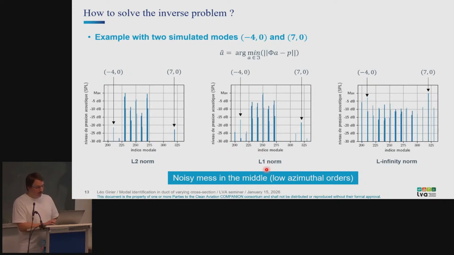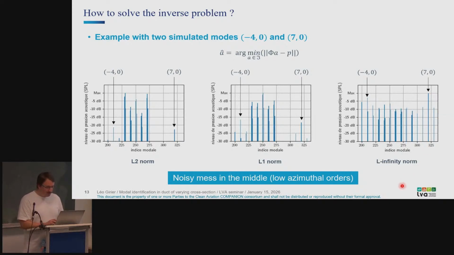Almost the same goes for the L1 norm using the absolute value. It is a little bit better, 5 dB higher, but still this noisy mess in the middle with the low order modes. And only when we go to the infinity norm, taking the maximal value, we can start to have the simulated mode as dominant in the identification, but still a lot of other modes.